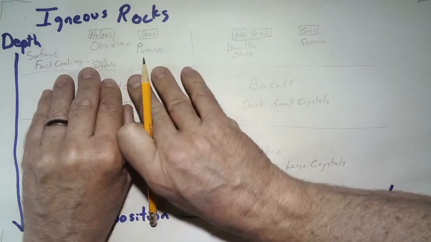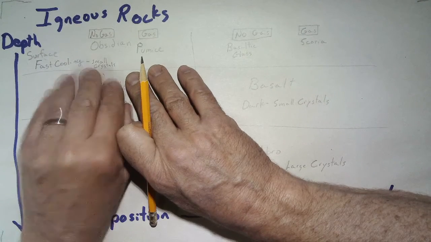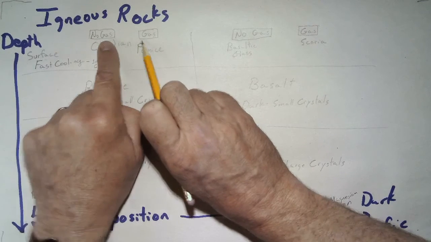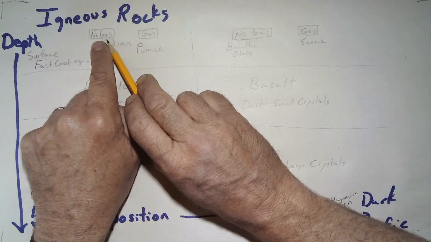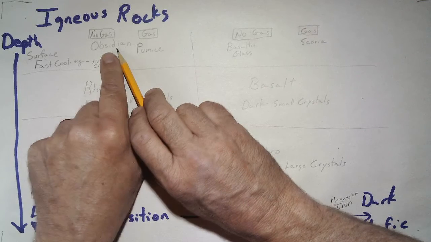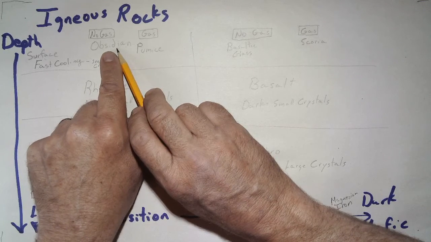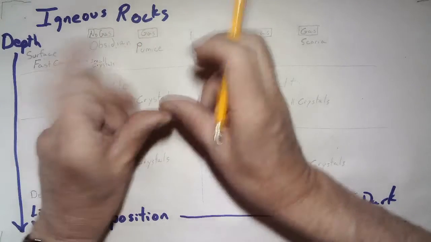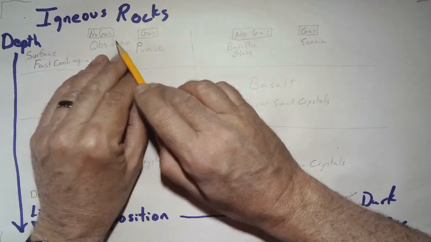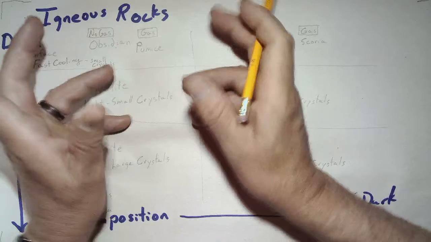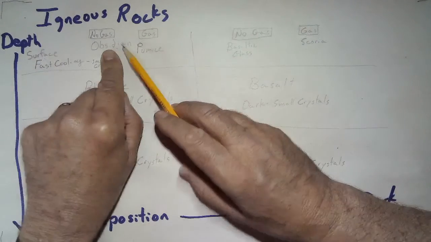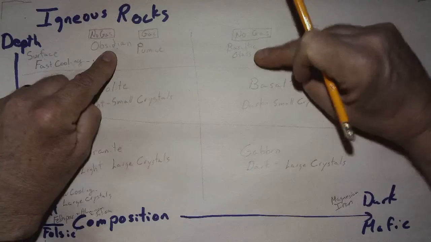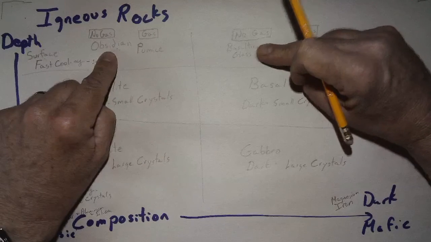If you have a rock forming near the surface and it's a felsic rock, well, if it forms right at the surface, the options are, if it forms no gas, it's going to form obsidian. And that, of course, is the basaltic or the glassy rock. It basically is just glass. And it will look dark. We have the high mafic composition and the low mafic composition.